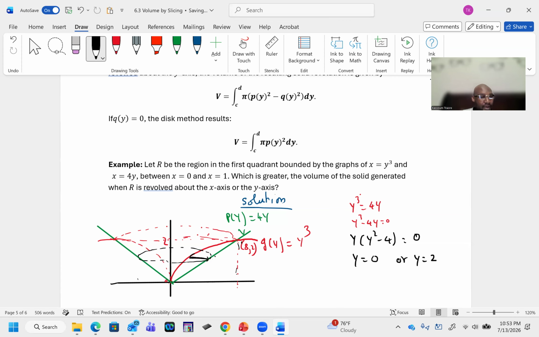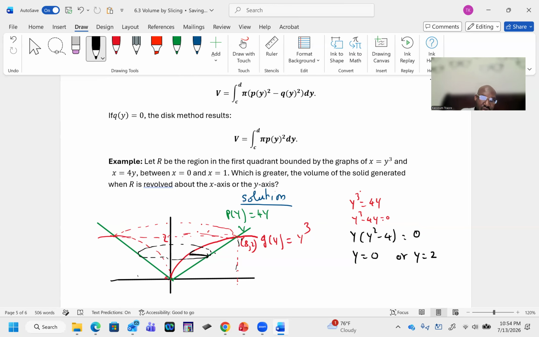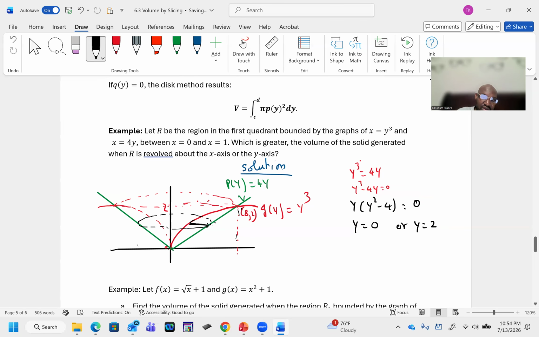Okay? So now, when the region R is revolved about the y-axis, it generates a funnel with a curved inner surface. And then we can use the washer shape cross-section perpendicular to the y-axis extended from y is equal to 0 to y is equal to 2.